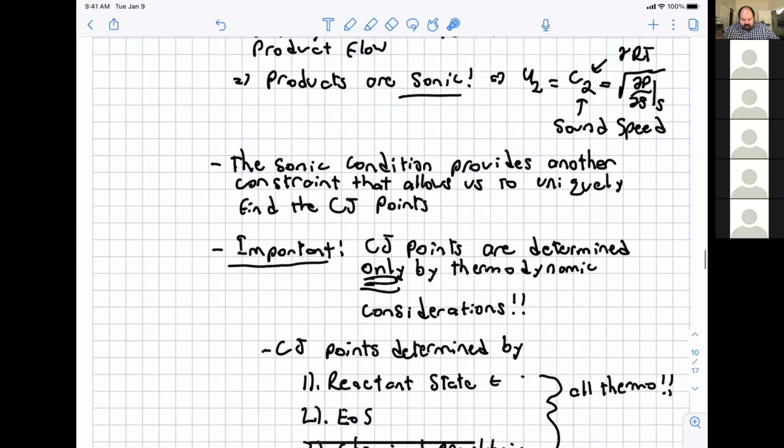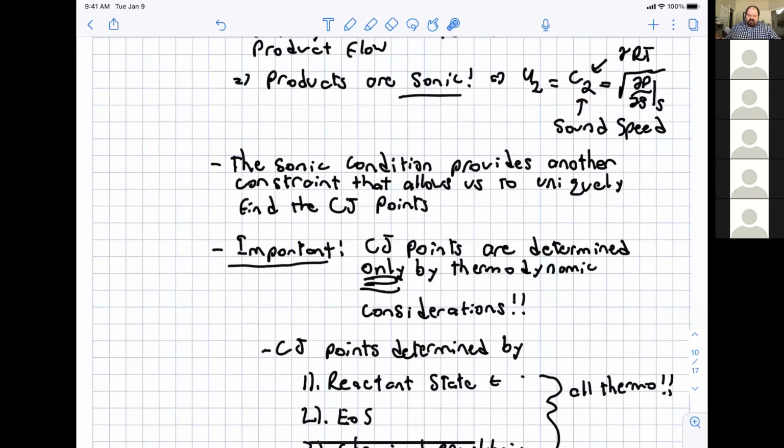Okay, and so adding this criterion to your equation set, in addition to the Rankine-Hugoniot conditions, allows us to uniquely find these CJ points. It's really important to note that the CJ points are determined only by thermodynamic considerations.